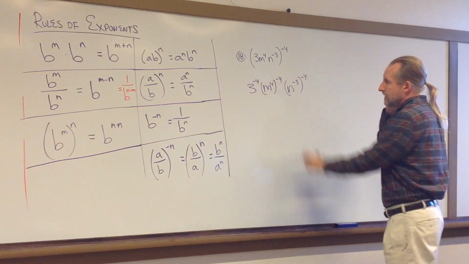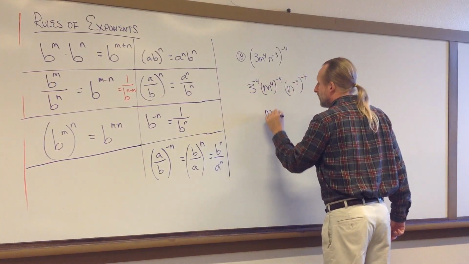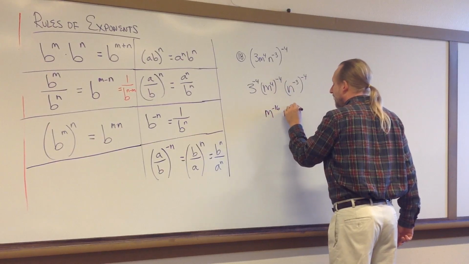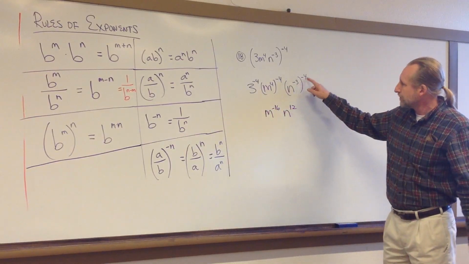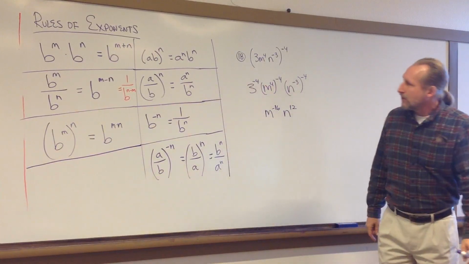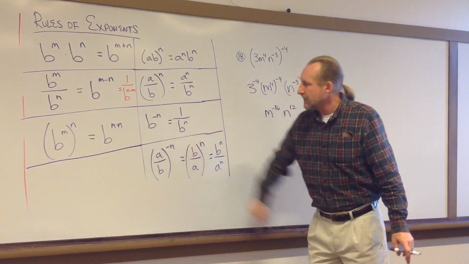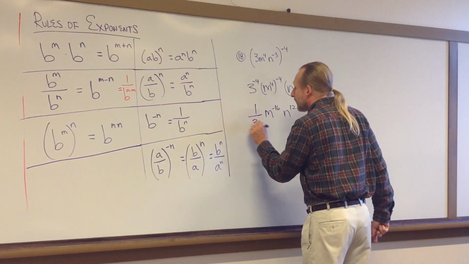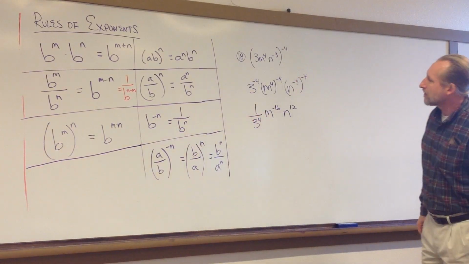Okay. These are pretty straightforward. This is m to the minus 16, n to the positive 12, right? We multiply these exponents. This 3 to the minus 4 power, we need to go back to this property right here. This means 1 over 3 to the 4th power.